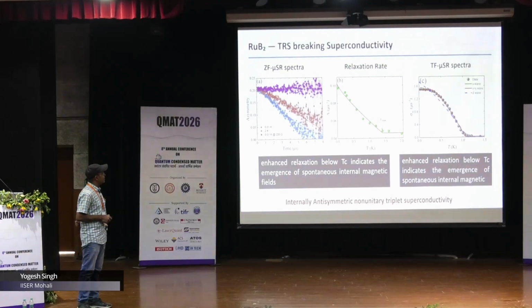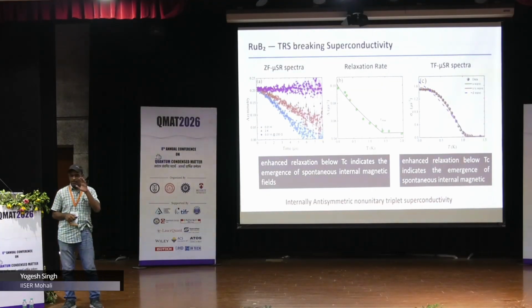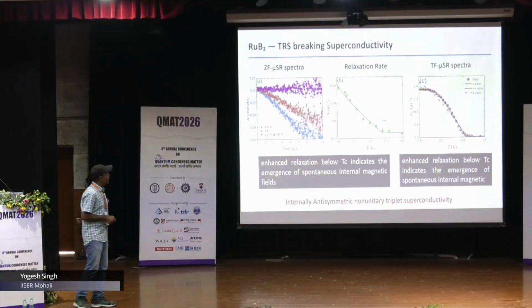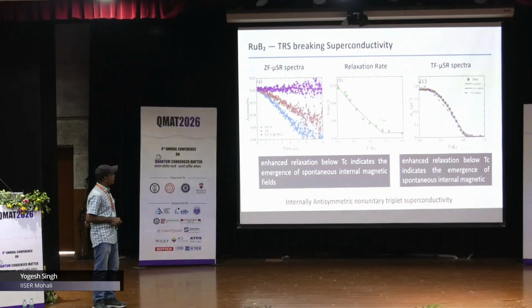These are depolarization rates in a transverse field, and so this is roughly the penetration depth or the superfluid density. So the superfluid density can be fit to find out what the superconducting order parameter is, and you see that both a single gap s-wave as well as a multi-gap s-wave fit the data equally nicely.